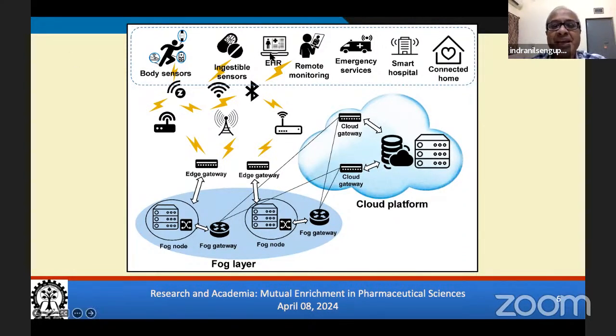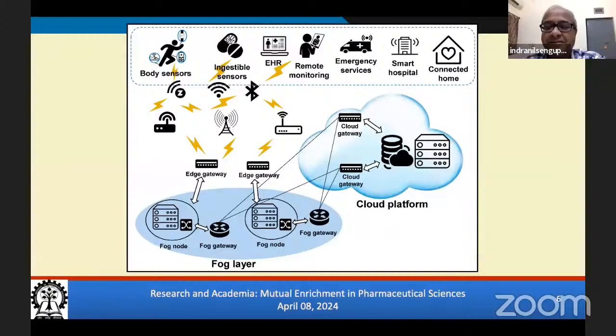There can be electronic health records generated through a variety of means. Remote monitoring, emergency services, ambulances and other facilities which are mobile, they all come with various communication mechanisms. They all are communicating with the cloud. There can be smart hospitals, and now our homes are also becoming smart.